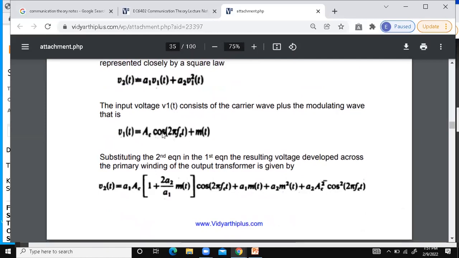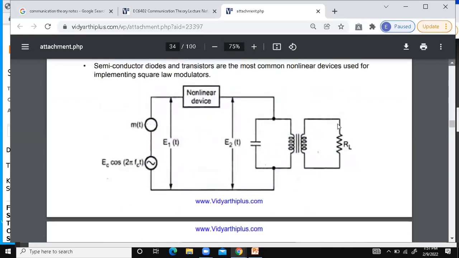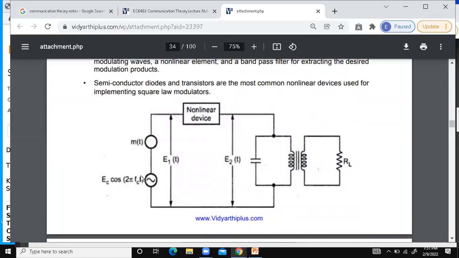And you're going to combine it now with your carrier frequency, right? To go through the nonlinear circuit, which is this, the carrier frequency, this your information, go through your nonlinear device, and then go through your bandpass filter. Right?